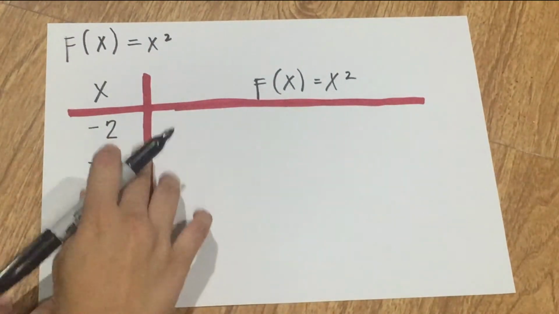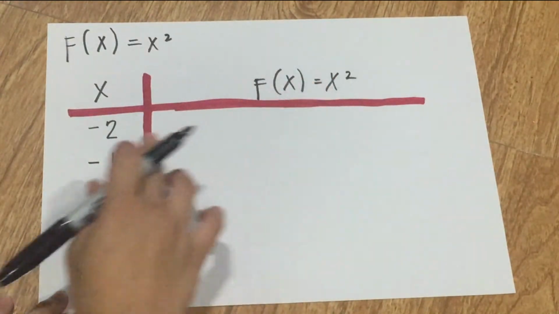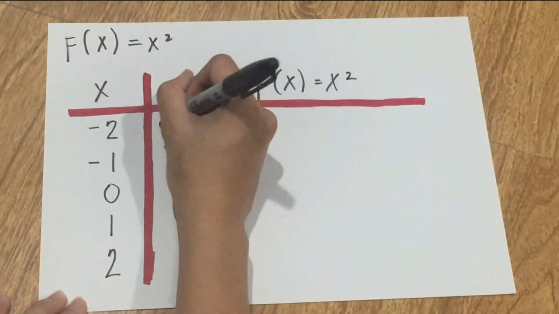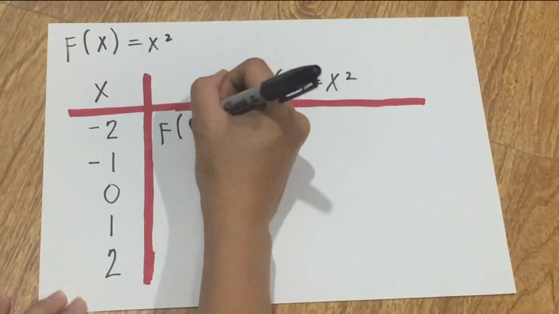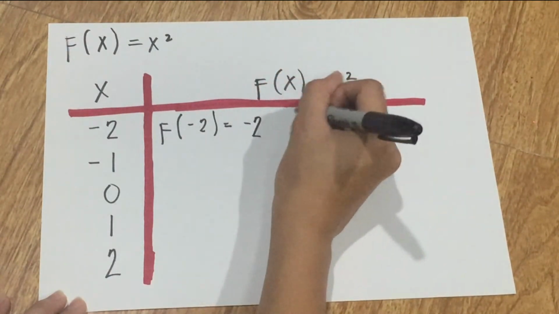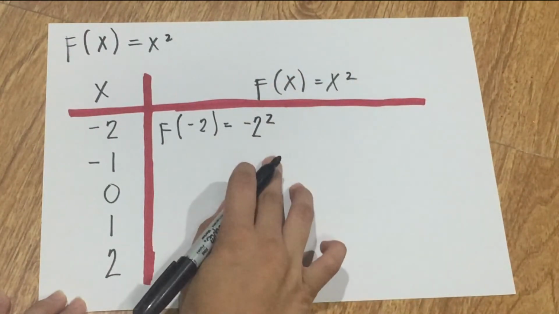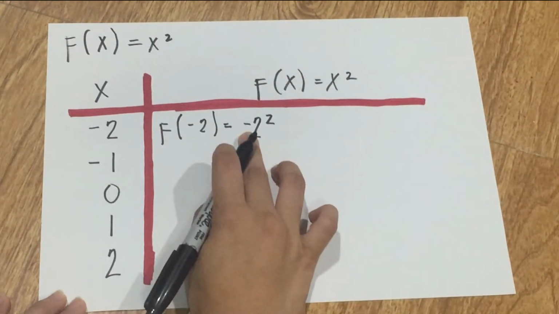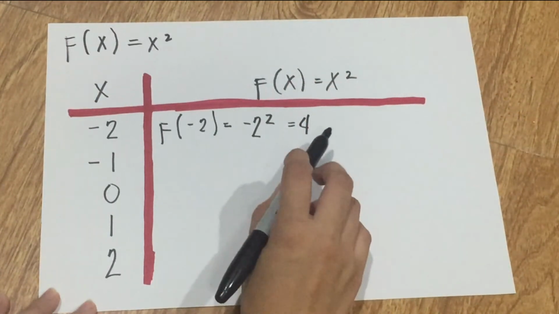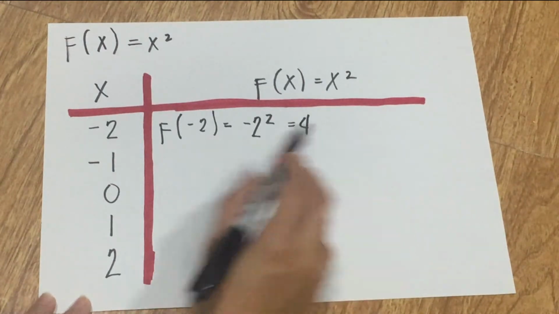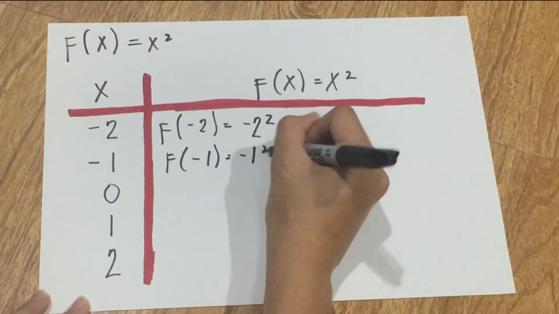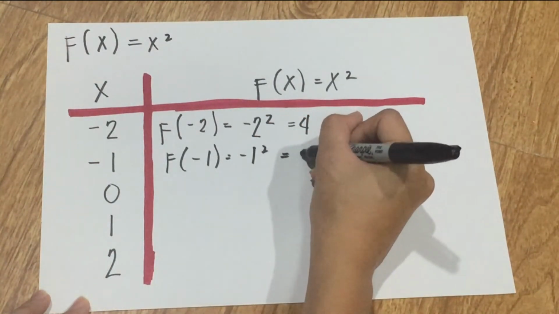The function is f of x equals x squared. Okay, I will take f of negative 2, so negative 2 squared. Make sure you put the negative quantity inside the square. So 4. Here, I have the function of negative 1. Negative 1 squared is 1.